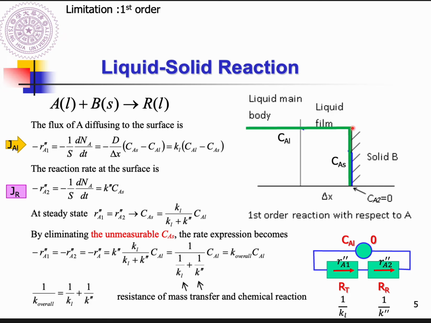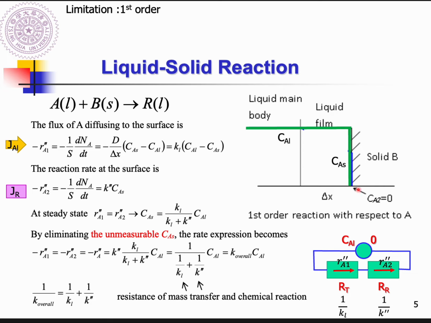But when A arrives at the surface of solid B, it will be completely consumed by solid B. So CAL equals CAS in this condition, right? But finally, because A will be completely consumed by solid B, the CAS will become 0. So the curve will be shown like this.